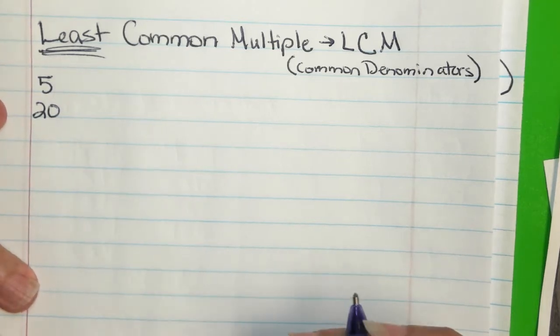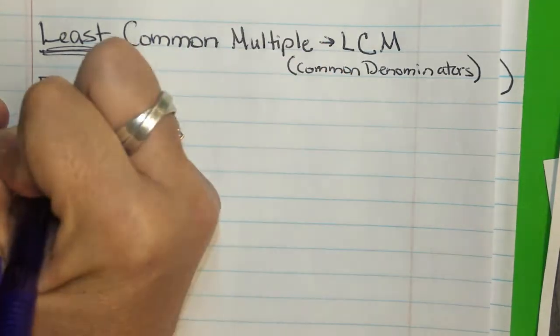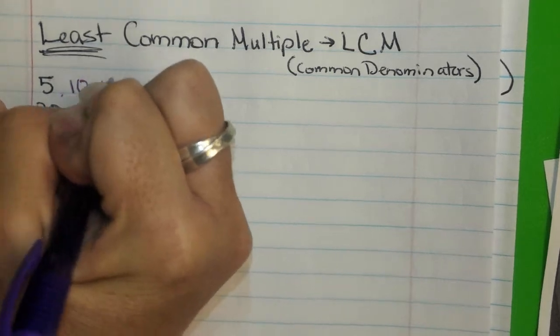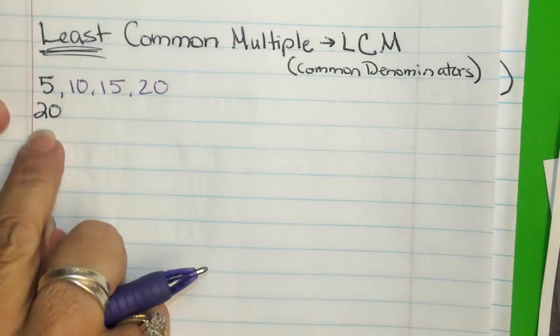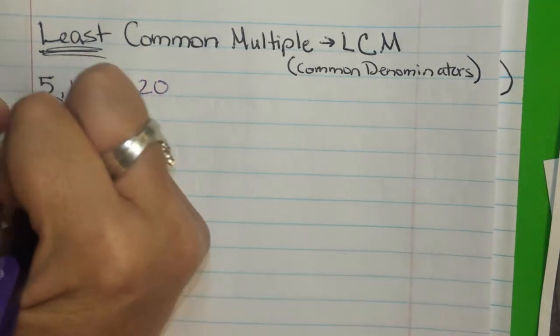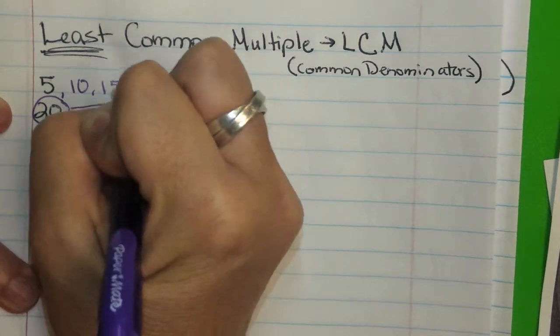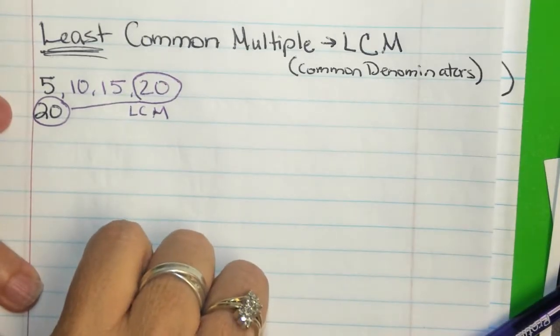Skip count by those numbers until the lowest one matches up. So, we've skip counted by 5 since 2nd grade. 5, 10, 15, 20. Whoops, look at that. It's already happened. Your least common multiple is 20. That is your LCM, your least common multiple.